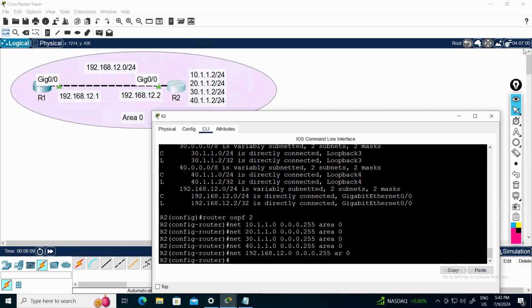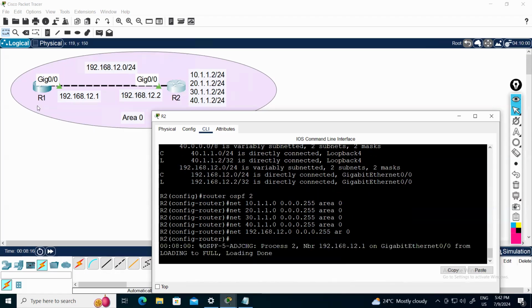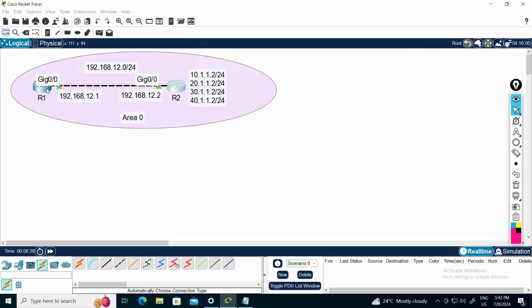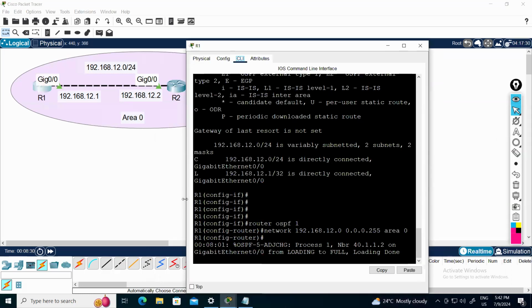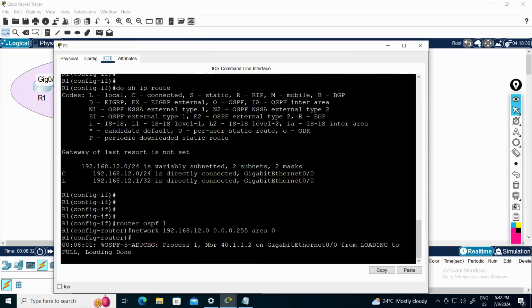Then you will see they will become neighbors, with the router ID. Router ID here is 12.1. Same way on R1 when you check, it will say the router ID. You see it is saying neighbor 12.1. Same way R1 will say neighbor 41.1.1.2. So they are identified with their router ID, not with their IP addresses.